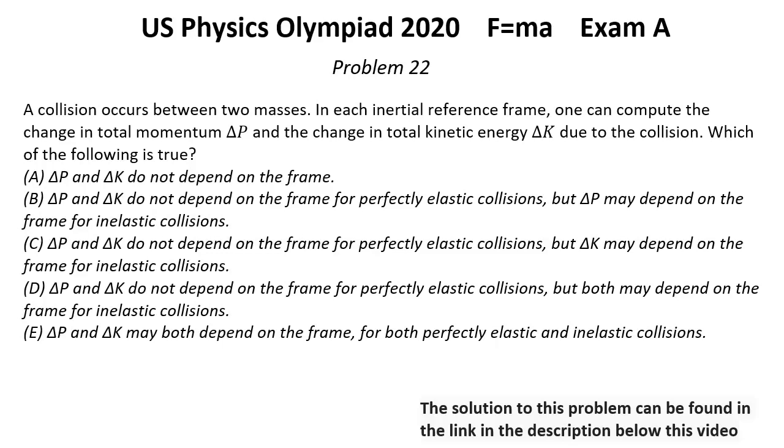In a collision, momentum is conserved whether the collision is elastic or inelastic. This means that delta P equals 0 regardless of a reference frame, so delta P does not depend on frame. In an elastic collision, delta K equals 0, which is again independent of frame.